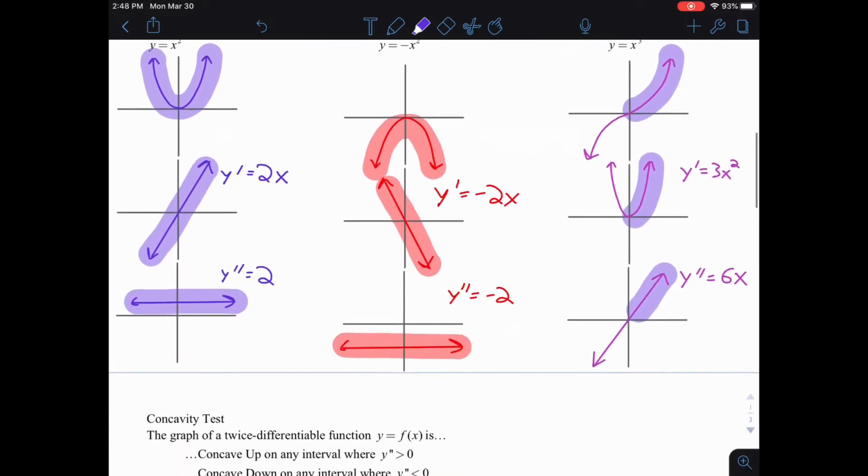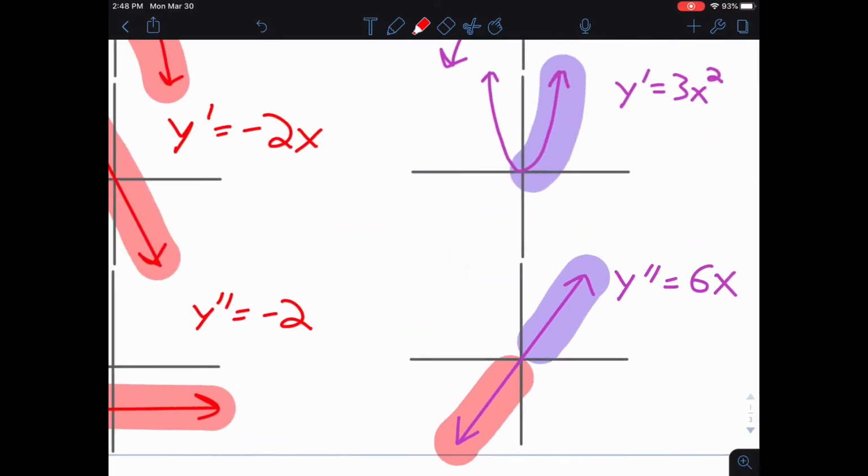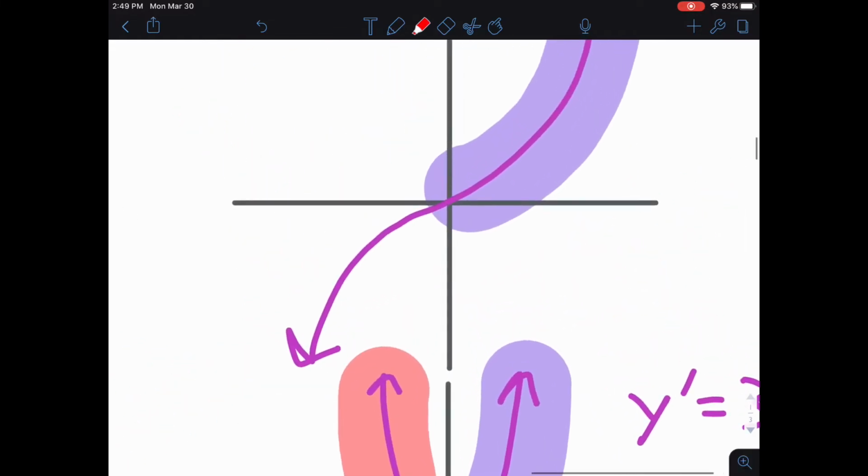And now let's go back down to y double prime. Where is y double prime negative? That would be from negative infinity to 0. That is where y prime is going to decrease, and that is where y is concave down.